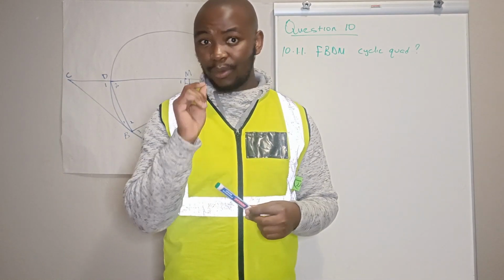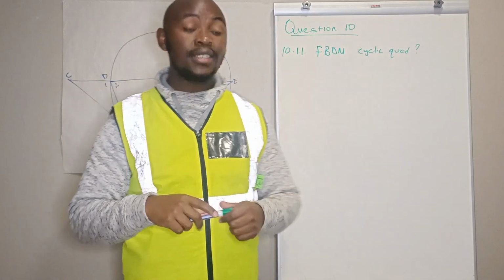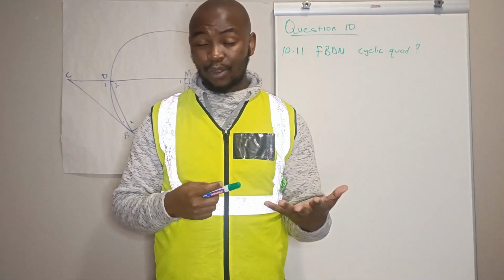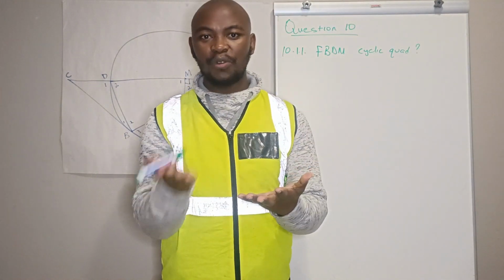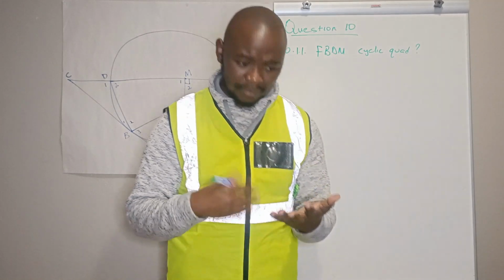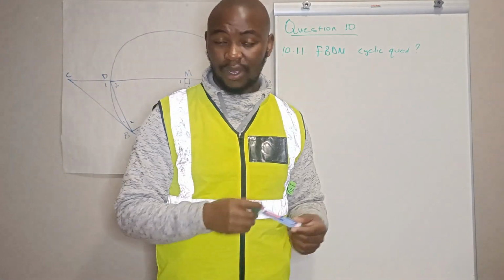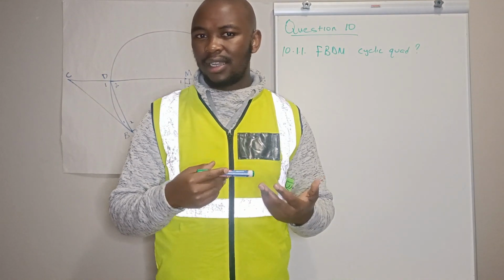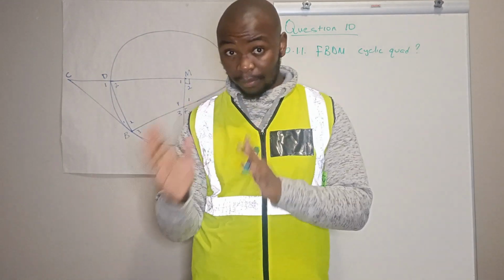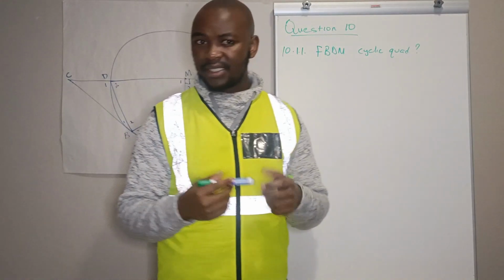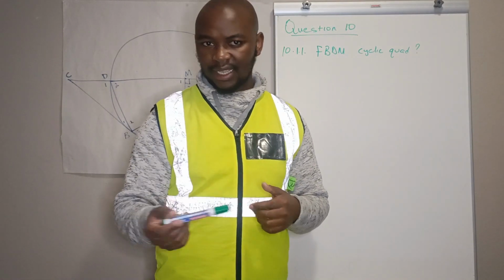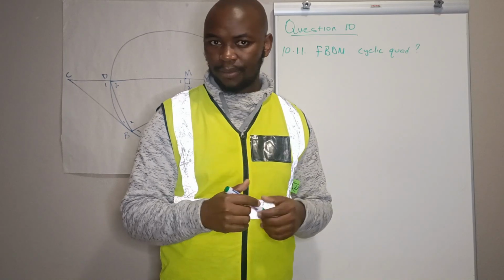So the most important thing I want you to take from this one is, now that we know what a cyclic quad is, we must also know how to prove that it is a cyclic quad. Let me repeat that. We know that something is a cyclic quad, but how do we know that? And that is the proof part. So I mentioned that in proving a cyclic quad, we can use different approaches.